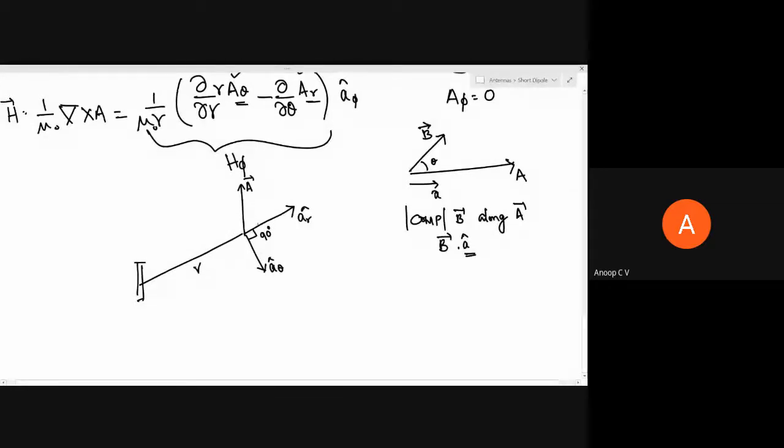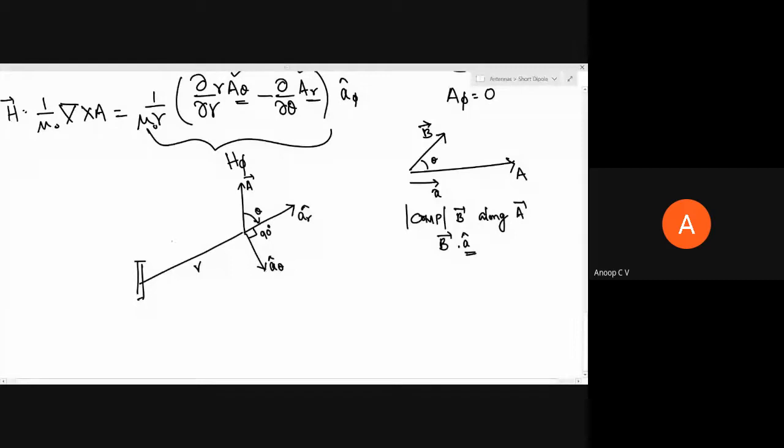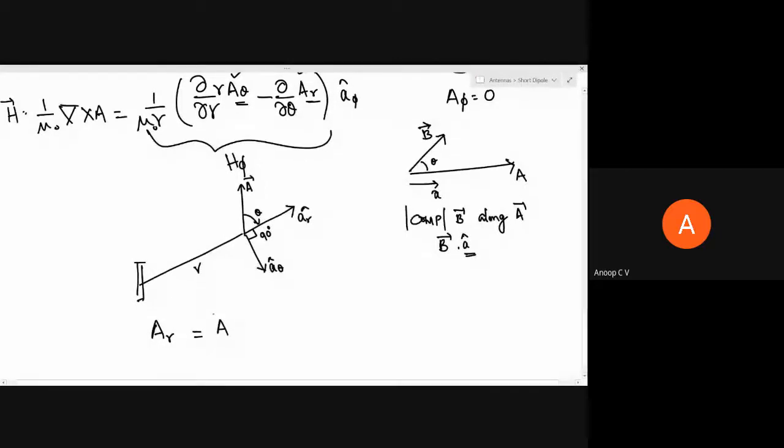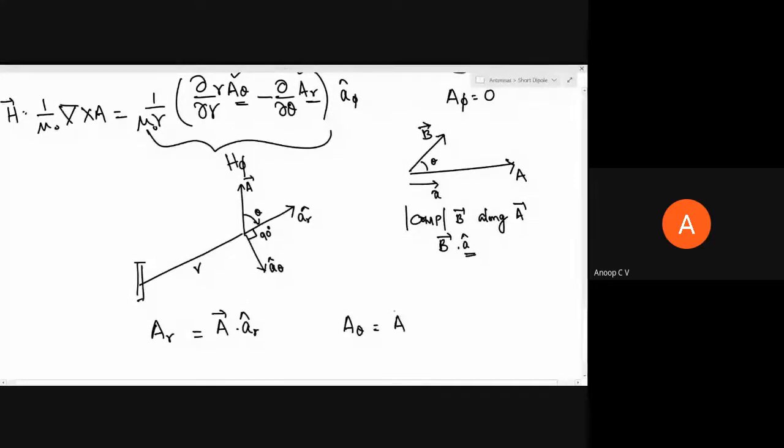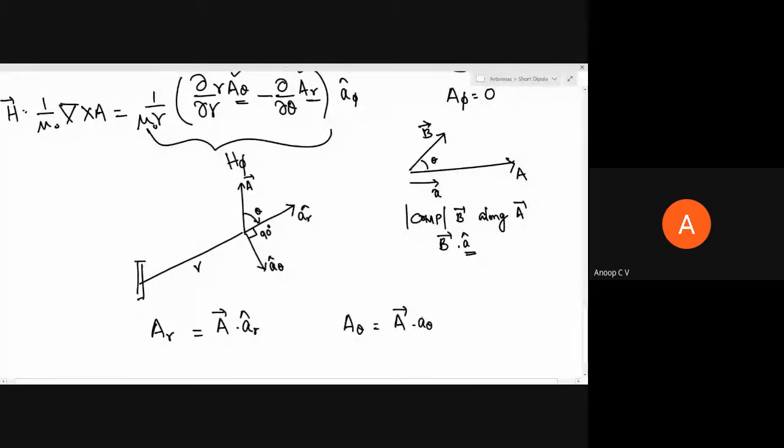And this angle is theta. So I can write Ar will be equal to vector A dot ar cap, and A theta is equal to vector A dot a theta cap.